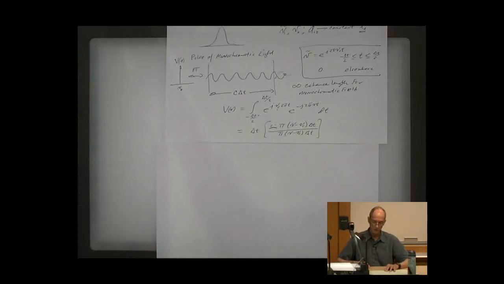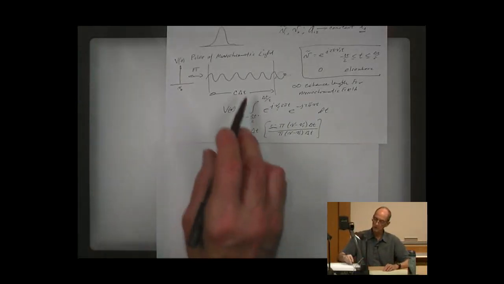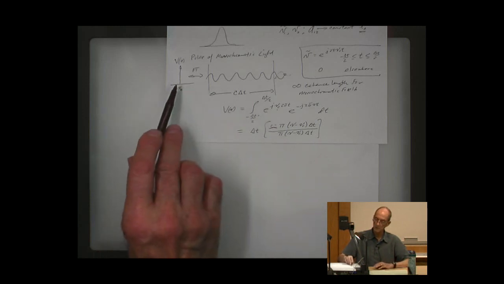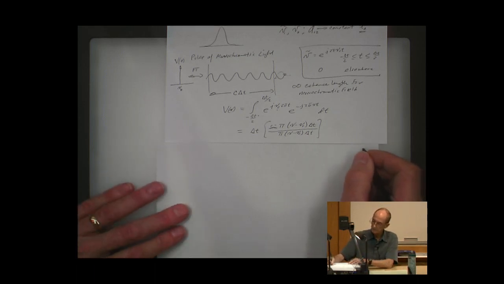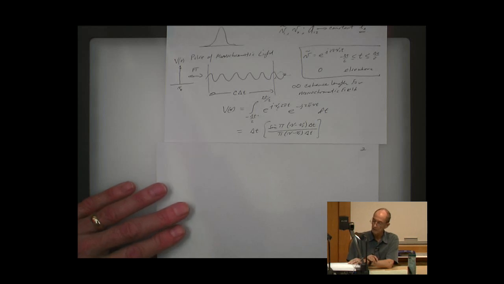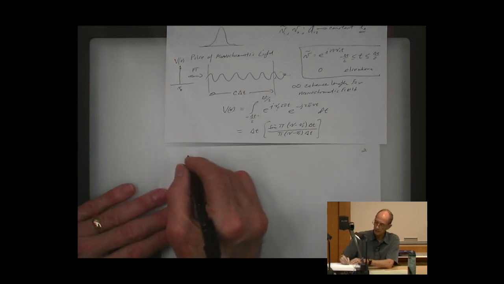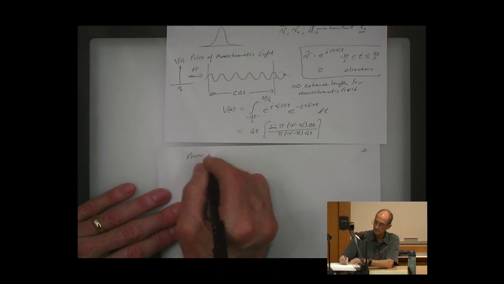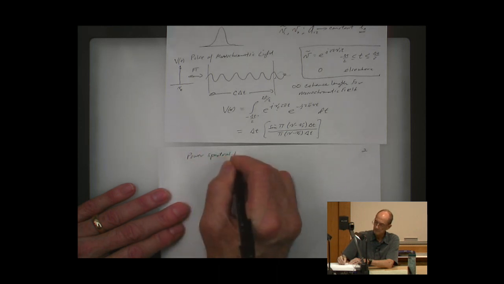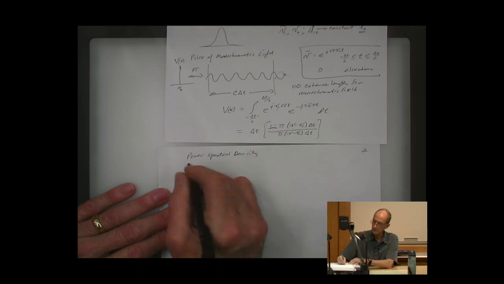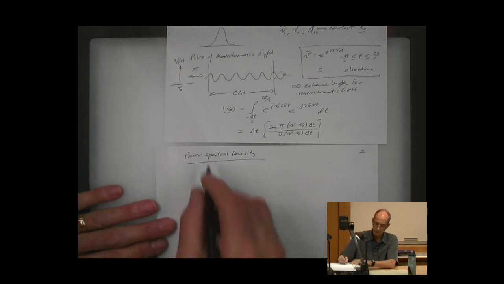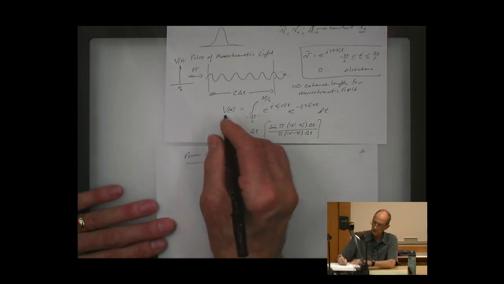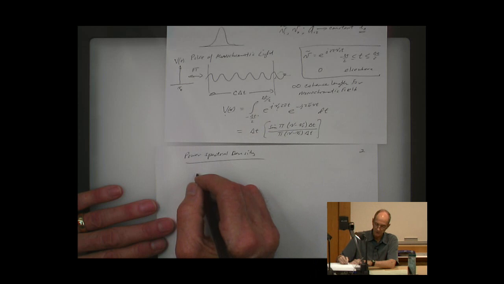Okay. So we have this notion again that the frequency spectrum is related back to the coherence length. More specifically, the coherence length is related to the power spectral density for a source. These are all source parameters. The power spectral density is just the spectrum of this field times its complex conjugate.